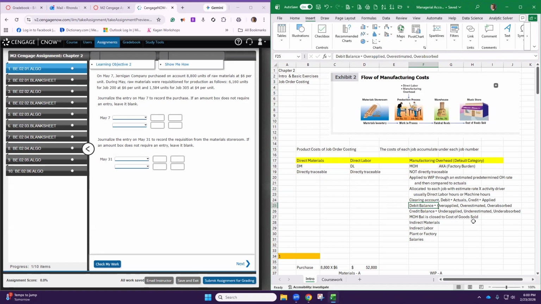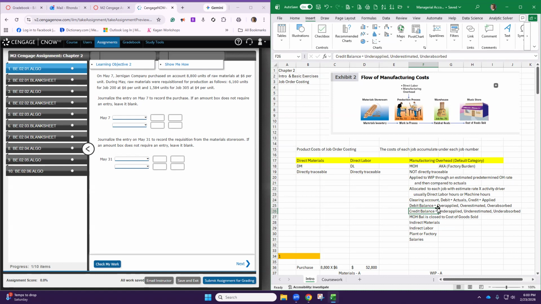Then when it's all said and done with creating products and we're ready to go from one period to the next, like one year to the next, there's two things that can happen to the account. It can either have a debit balance or a credit balance.